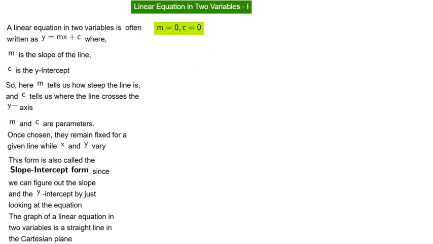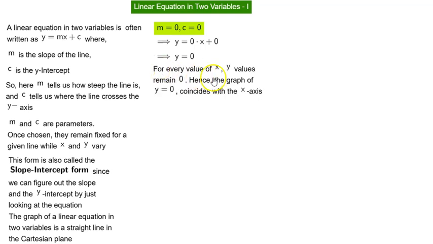If we substitute these values in the equation y is equal to mx plus c, we get y is equal to 0x plus 0, which gives us y is equal to 0. So for every value of x, the y value remains 0. Hence the graph of y is equal to 0 coincides with the x-axis.